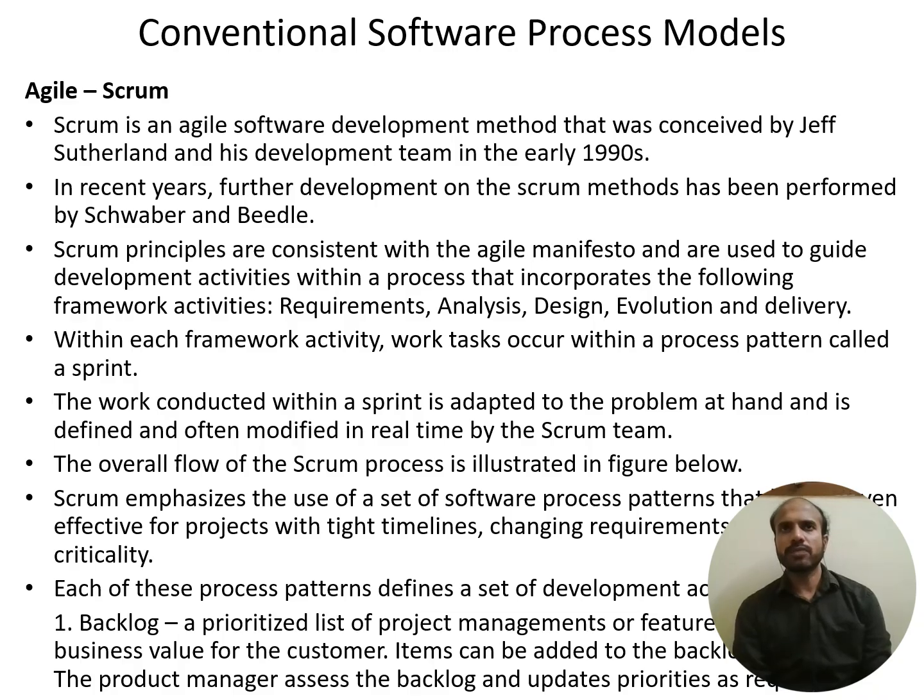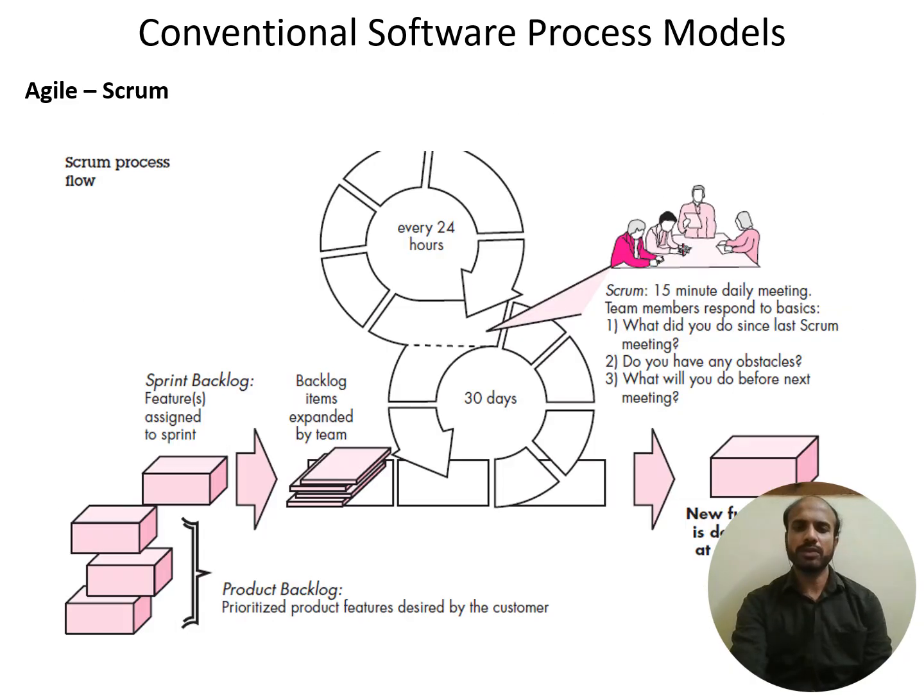So as we can understand from this slide, Agile is one of the software process models which has a framework or a process pattern called a sprint, and it details certain process patterns. So let us see the figure they have given here.